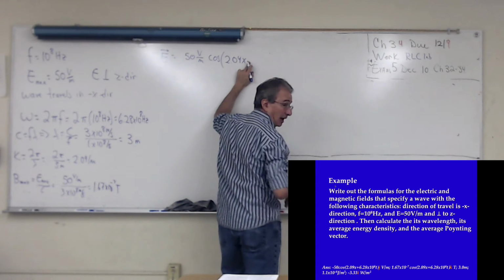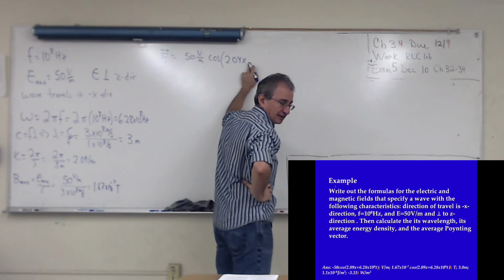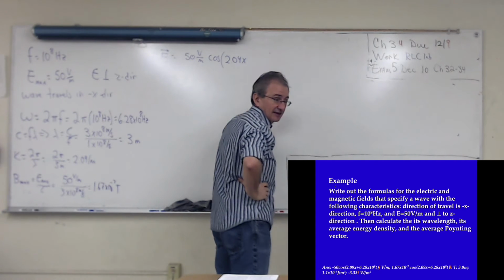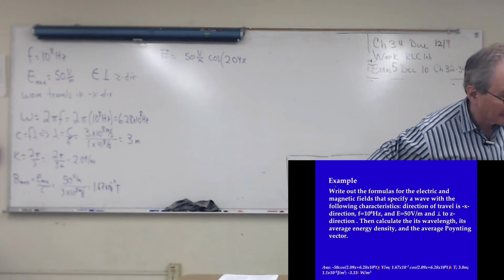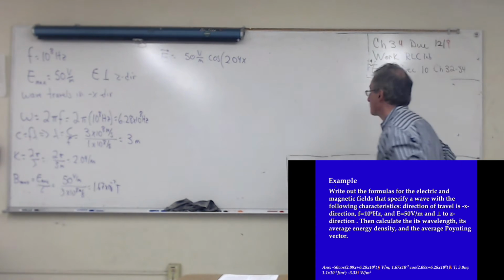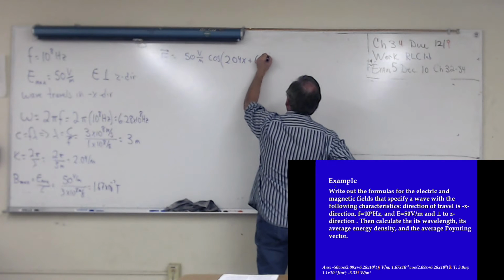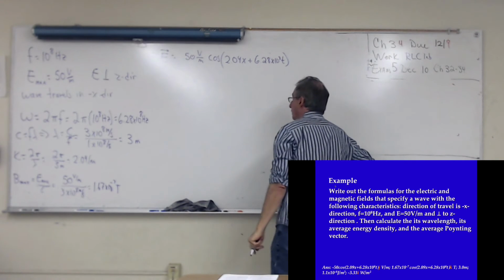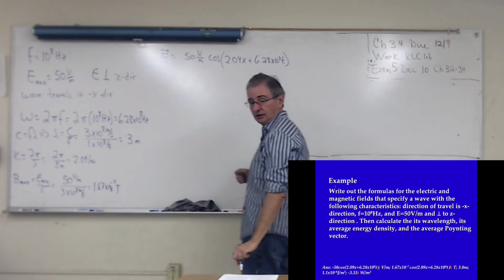Do I put a plus or a minus here? A plus, right? Okay, put a plus because it's traveling in the negative x direction. And what do I put for the direction of the electric field?